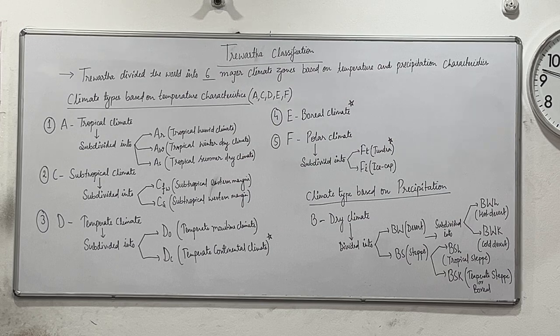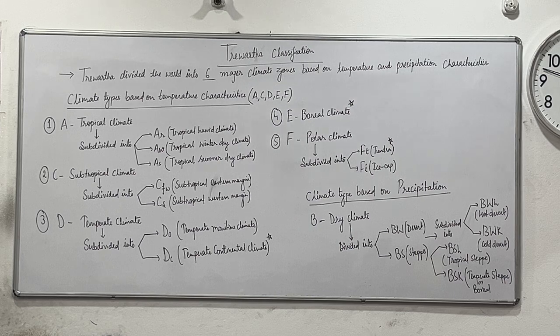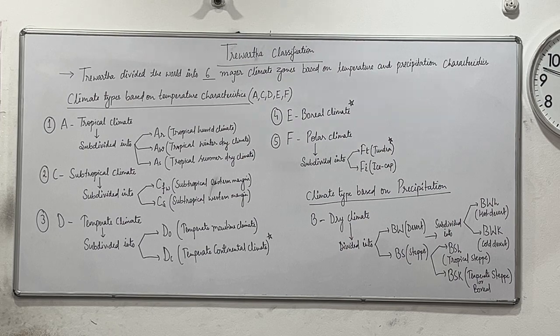And I told you that he kept on modifying that scheme since 1930, and finally he came with a new scheme in the year 1980. The purpose of this scheme of climatic classification was to ensure that it is easy to understand and easy to apply, for geographers, for students, for biologists, for climatologists.